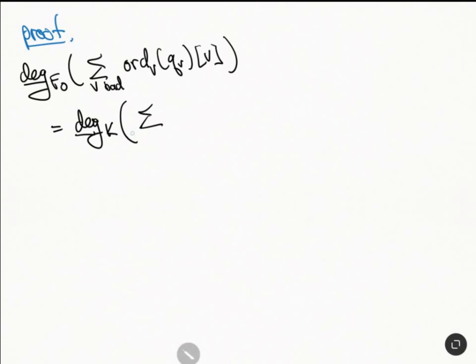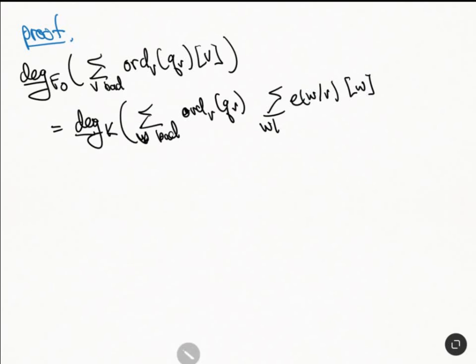Right, so this is W. Let's keep it like this: V bad, and then we keep this the same, and then this thing becomes, we get a ramification index, and then we get one of these. So W is a place of K over V. All right, now we can combine these.